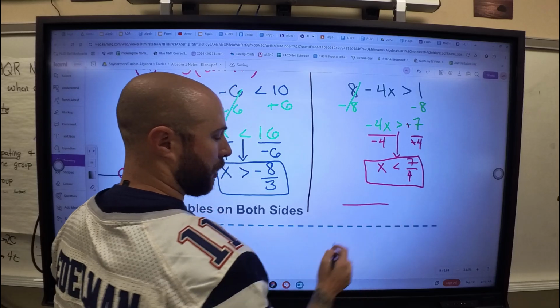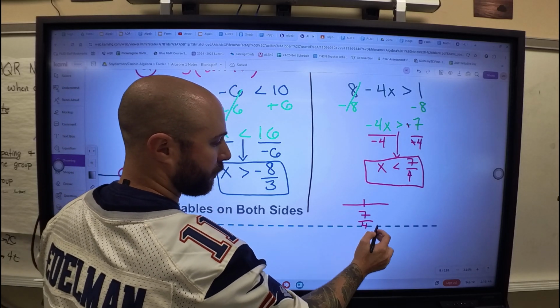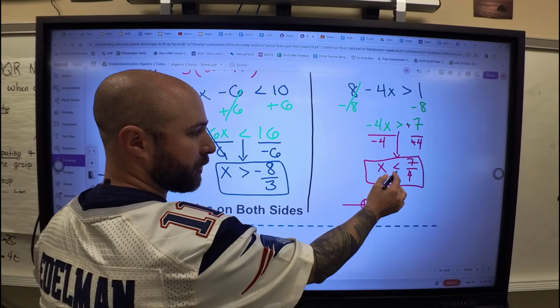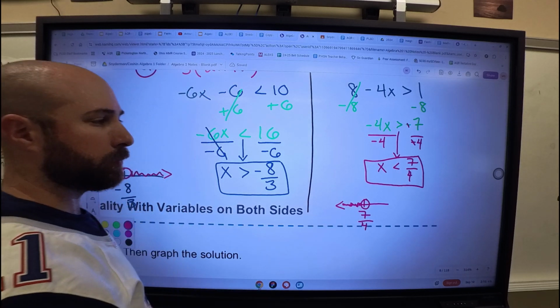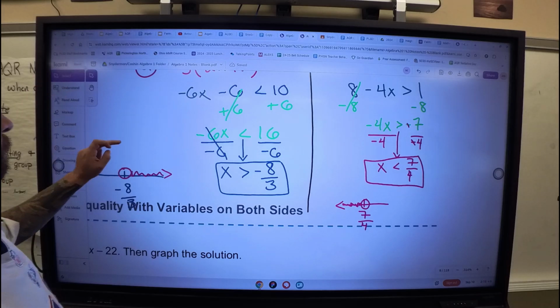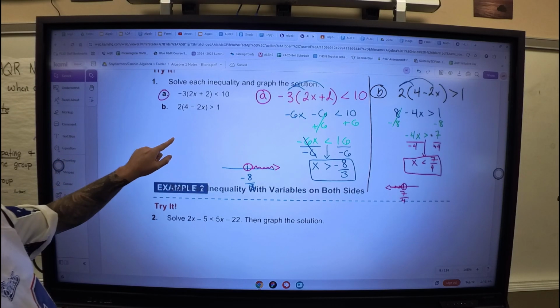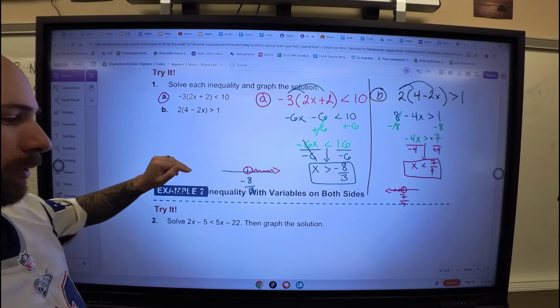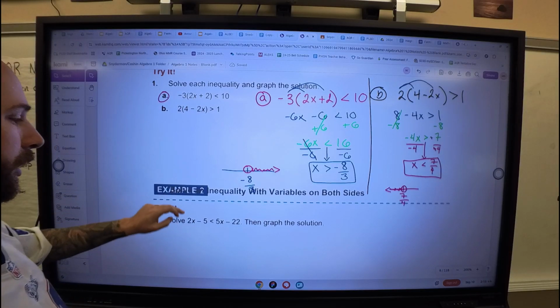And then we can do our graph, put a tick mark for 7/4, open circle because it's strictly less than, and we're going to go to the left. Okay. So that's solving an inequality and graphing the solution. That's with a variable on just one side of the inequality.